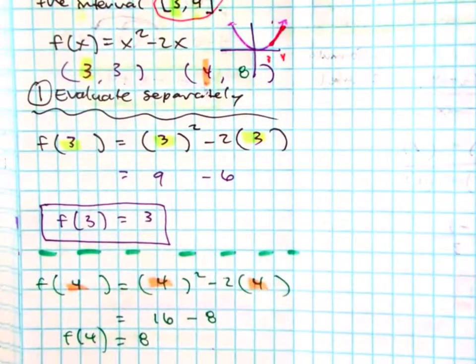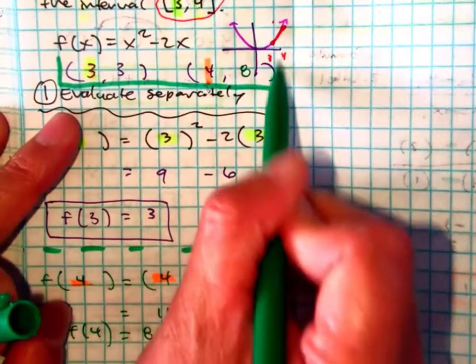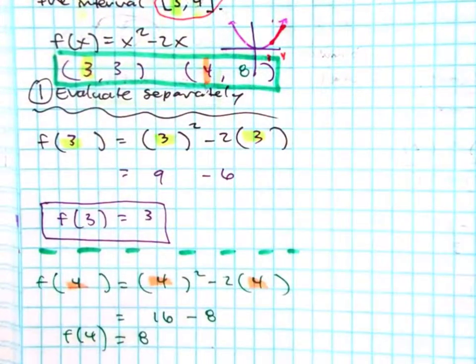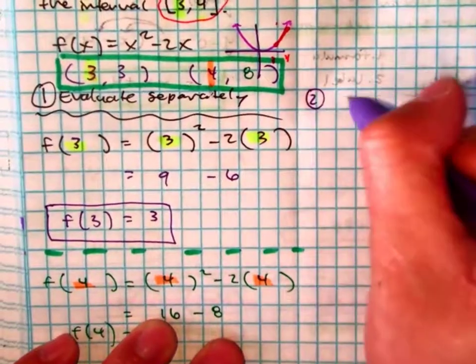So I did all of that work so I can get these ordered pairs. Now I can find the average rate of change.